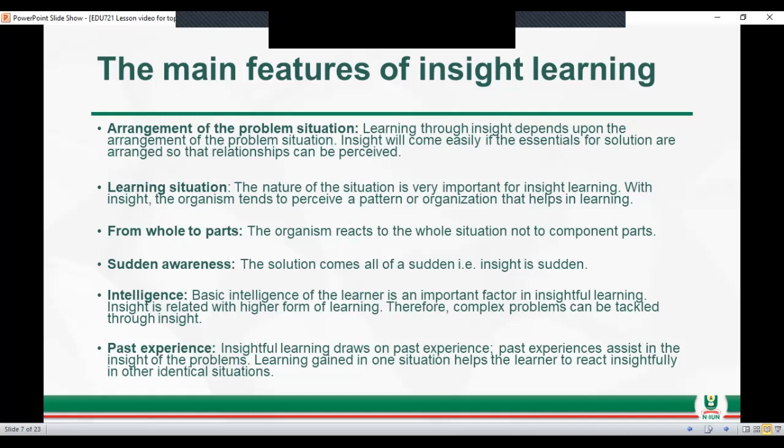And then in the classroom situation, learning gained in one situation helps the learner to react insightfully in other identical situations. These are some of the main features of insight learning. Don't forget, insight learning is synonymous with Gestalt theory of learning or cognitive field theory of learning.